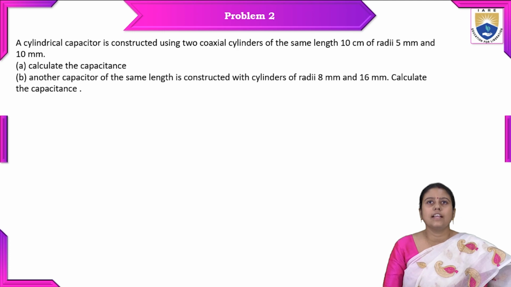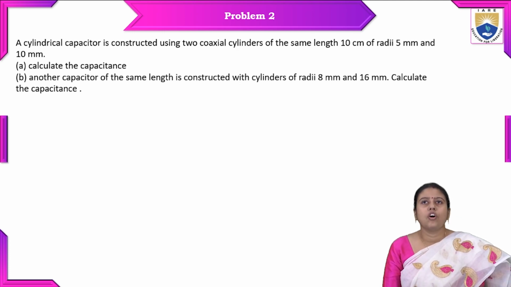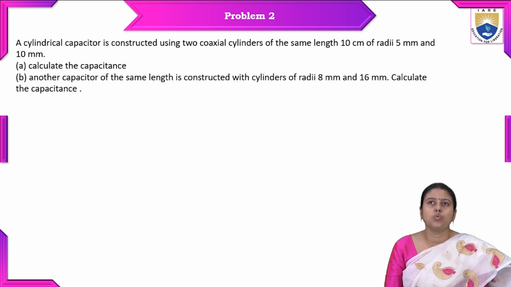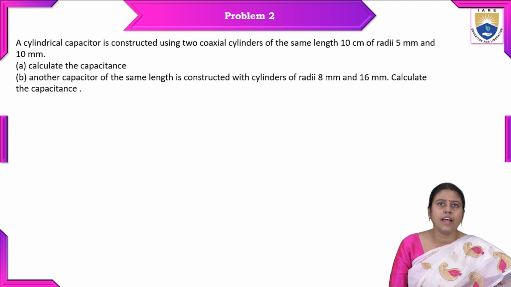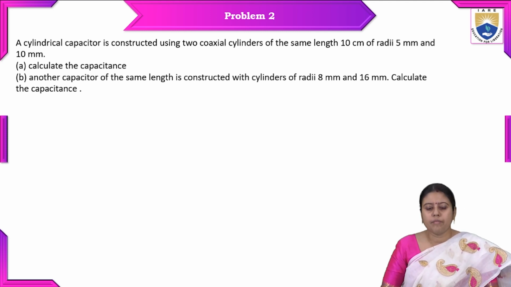A cylindrical capacitor is constructed using two coaxial cables of the same length of 10 centimeter, of radii 5 millimeter and 10 millimeter. Calculate the capacitance.